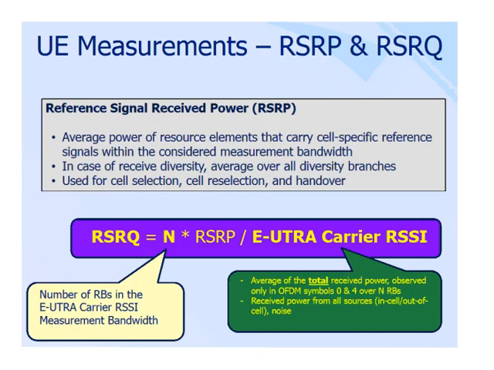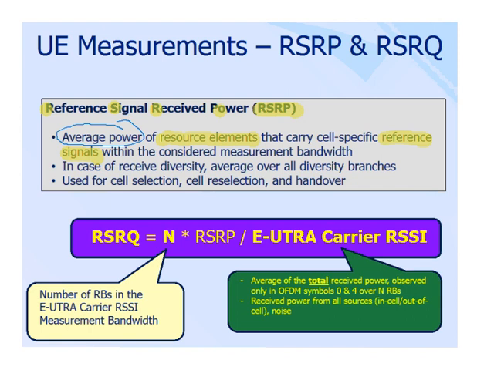Okay. So RSRP, reference signal received power. Basically, our UE is looking at all the resource elements that carry the reference signal, and the reference signal is our pilot. So we are taking the average of the power that we measure.